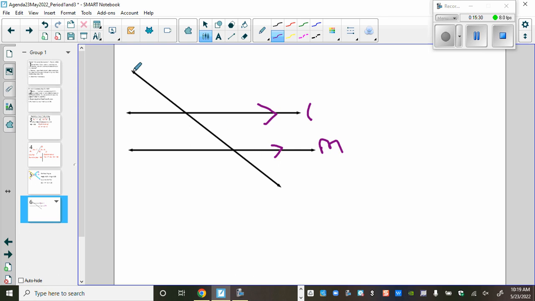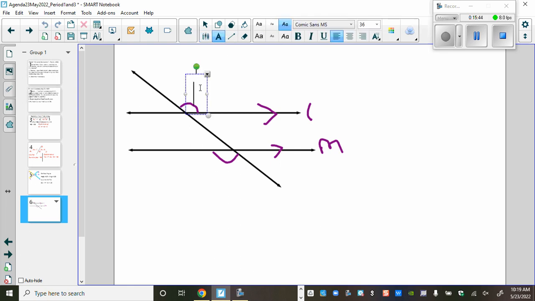Now, I have these two angles over here. I'm going to mark them. Let's say I'll mark this angle 9x plus 40. No, I'm looking at the wrong problem. I'll do 9x plus 10.